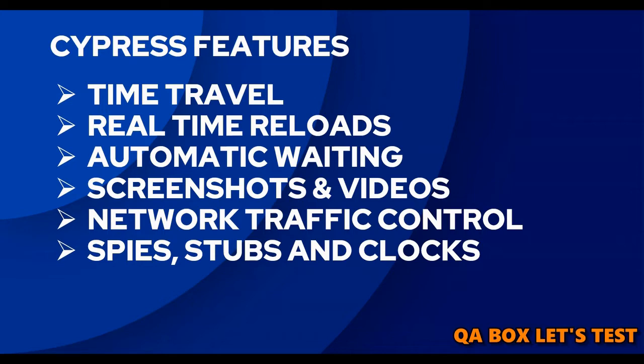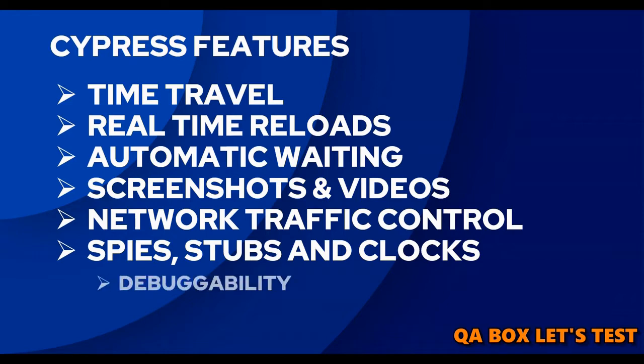Cypress accommodates the use of spies and stubs to verify or control the behavior of a function. For instance, when developers want to test the failure path of an application, they can use a stub to force things to fail. Cypress also provides the user the ability to control the date and time of their application in order to prevent slow tests.